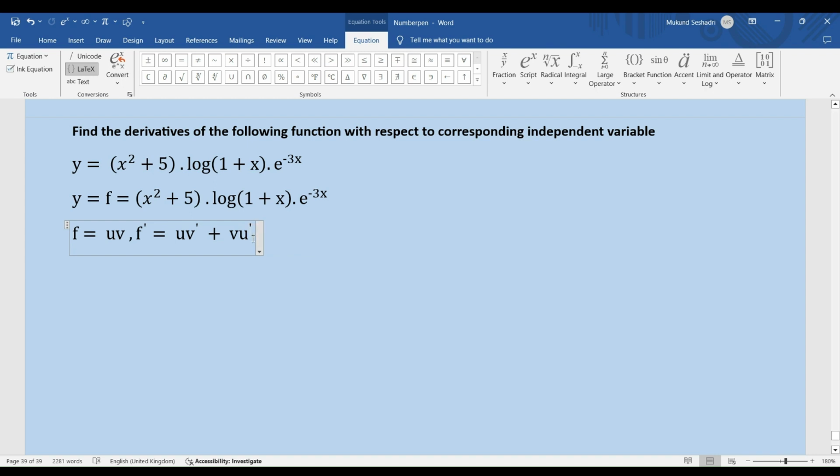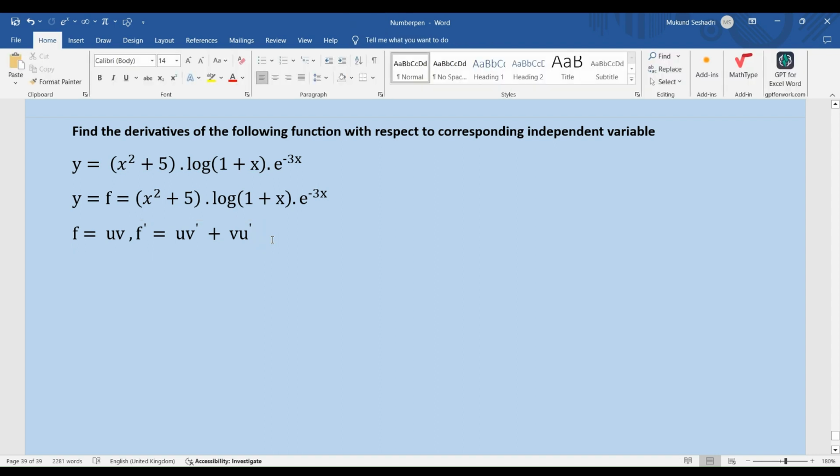So in that case, let's assume u is equal to a product of two functions. Let's call them, say, w and z. Okay, let's assume u is a product of two functions w and z.